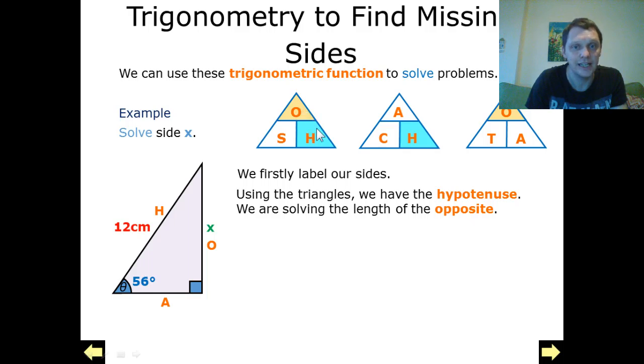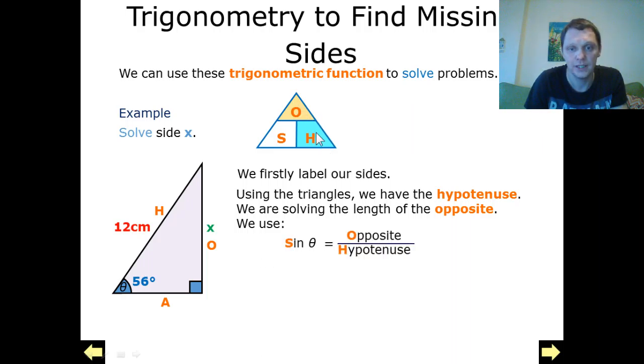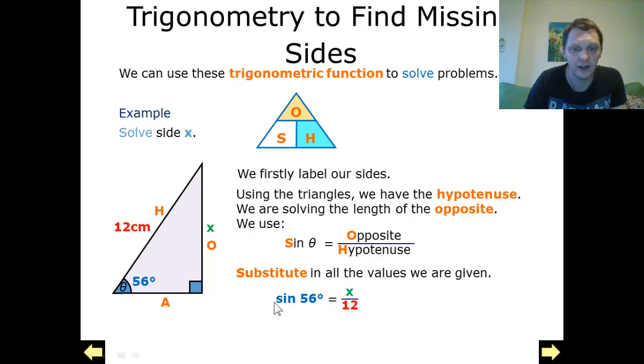And as you can see, the only triangle here that I've got two bits of information to use is this part here. So I'm going to be using sine theta, sine angle, equals opposite over hypotenuse. So substituting in my values, I've got sine 56 equals x over 12.